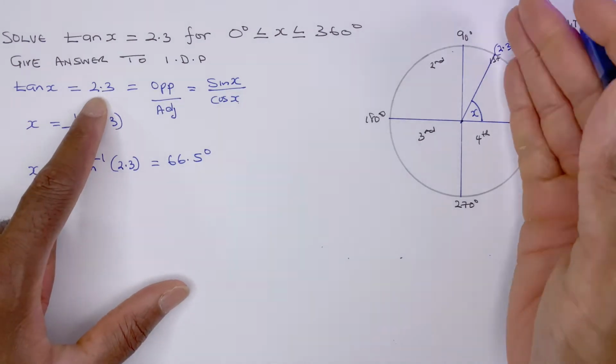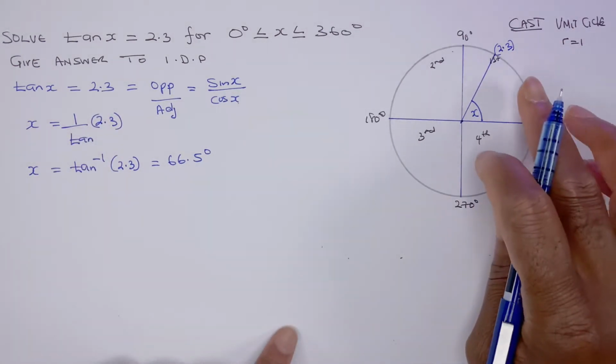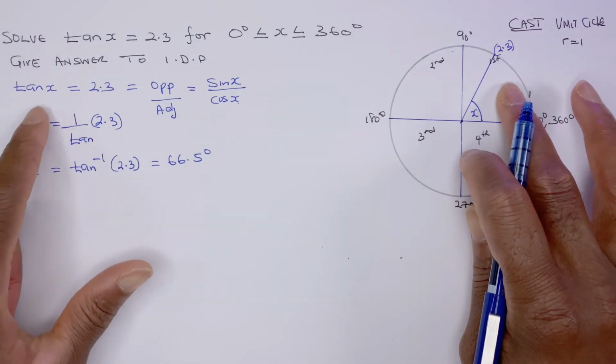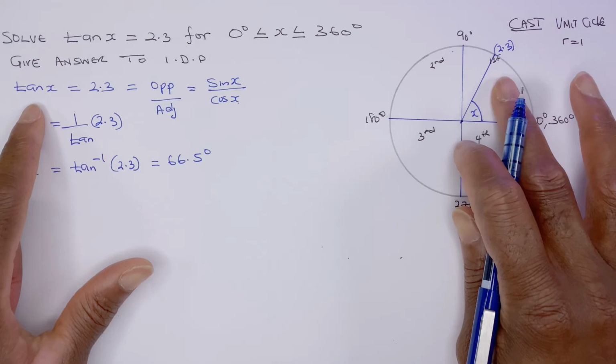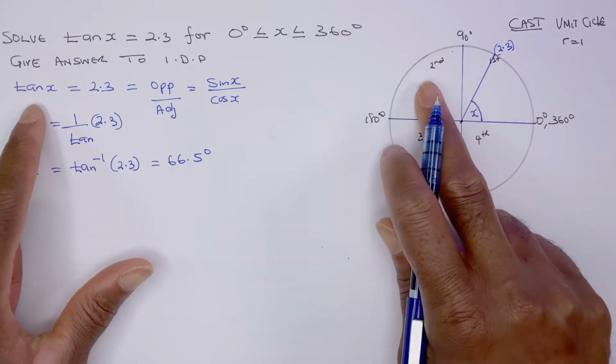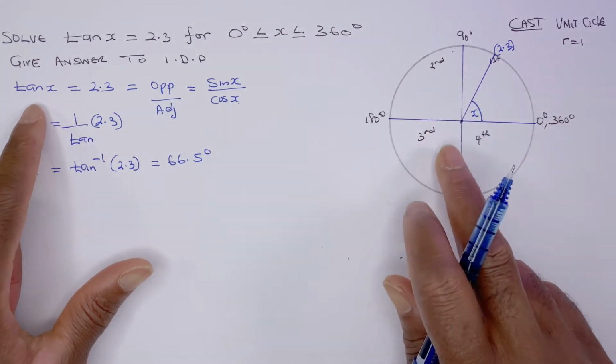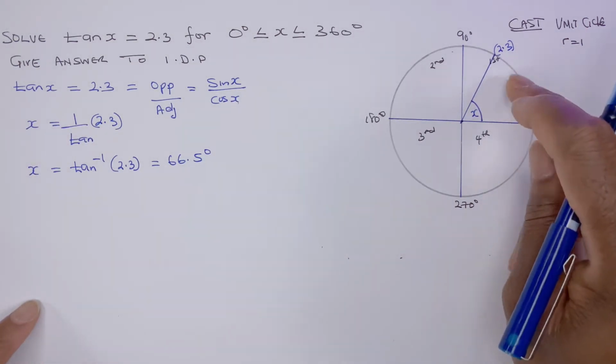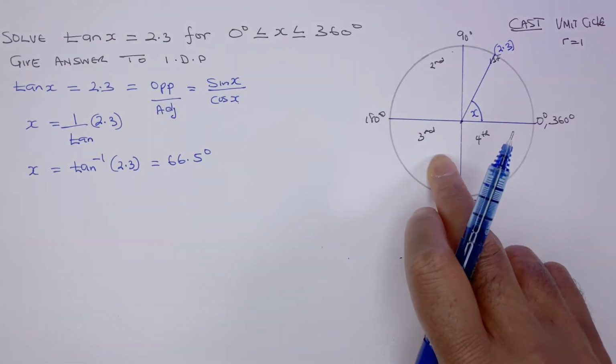It's positive, it's all positive here. For CAST, all is positive, all three trig ratios: tangent, sine, and cosine. Sine is positive, tangent is positive, cos is positive. So tangent is positive here, and tangent is positive here.